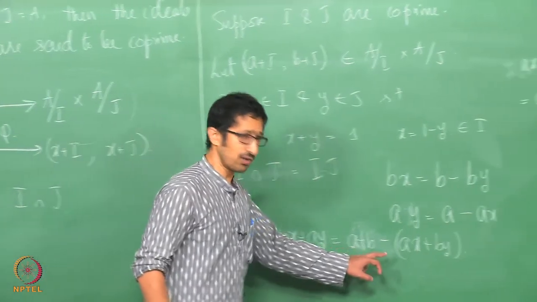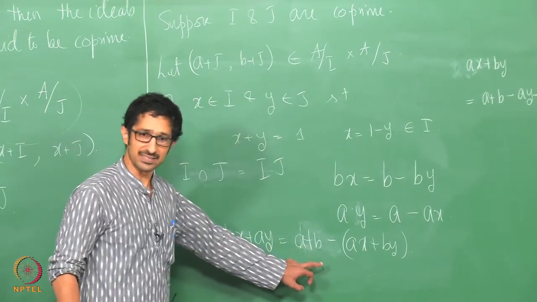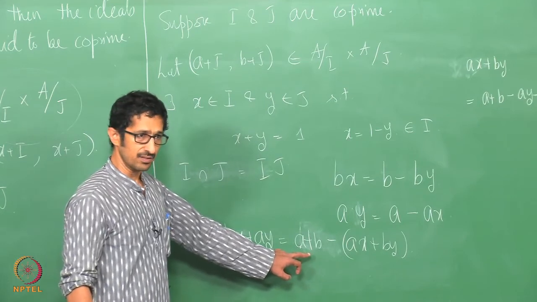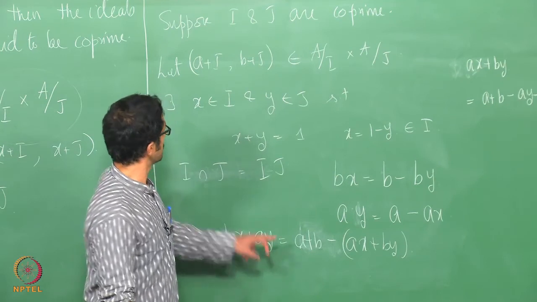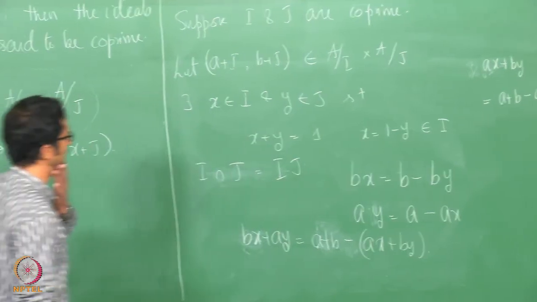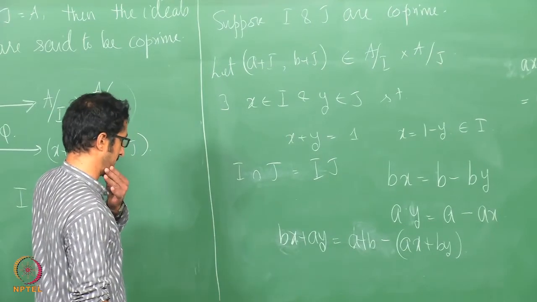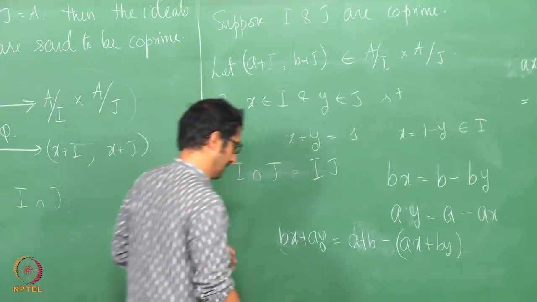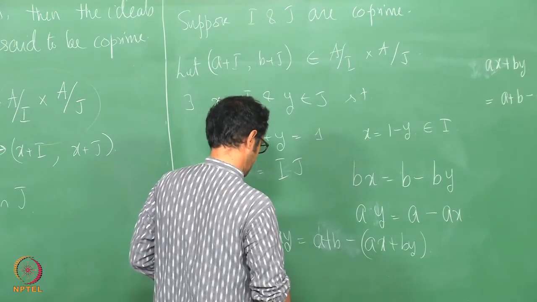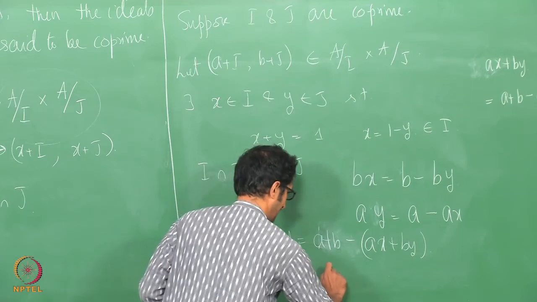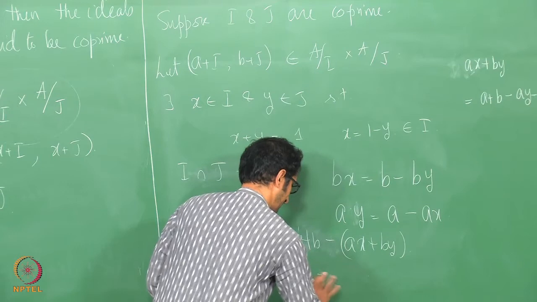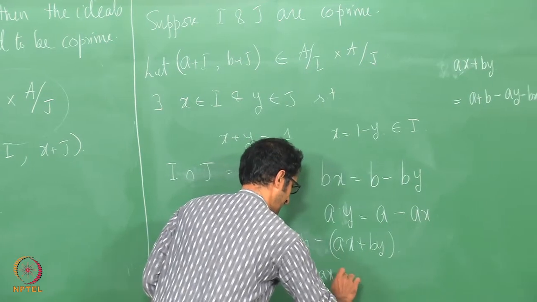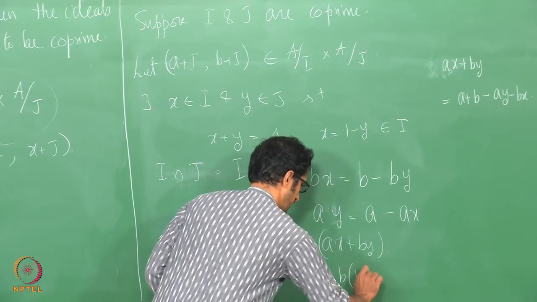Now, modulo I, what is this? It will be a minus ax plus b times 1 minus y.